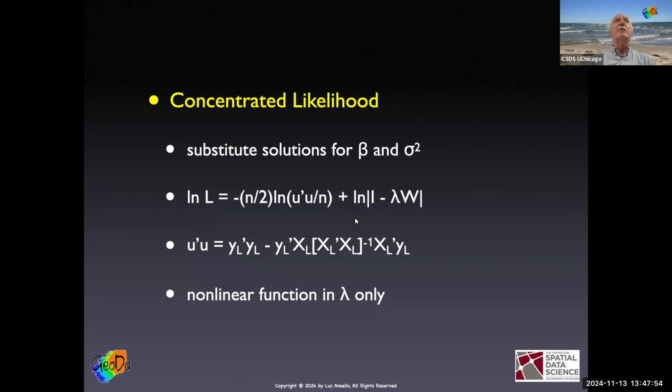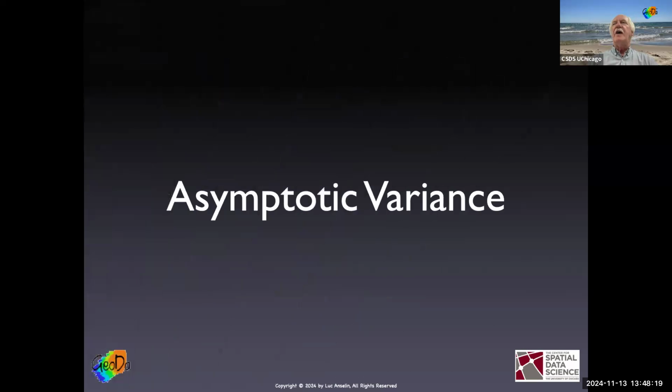That's very easy to optimize. Here, it's ironically a little more complicated, but in the end, it's the same thing. So after some additional manipulations, you end up with a log likelihood that is concentrated in the sense that it's only a function of one parameter, lambda. So then it's a nonlinear function in lambda. We find the optimum. We find all that other good stuff, right?